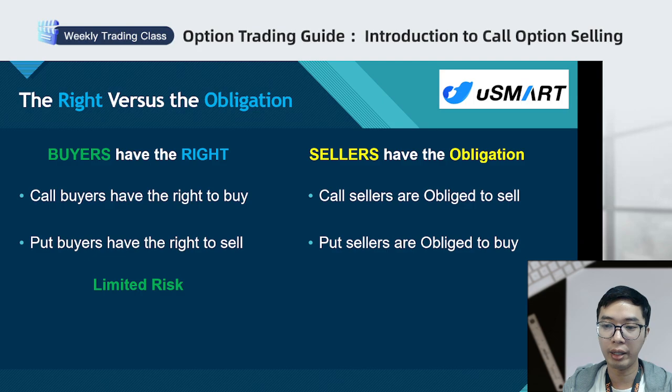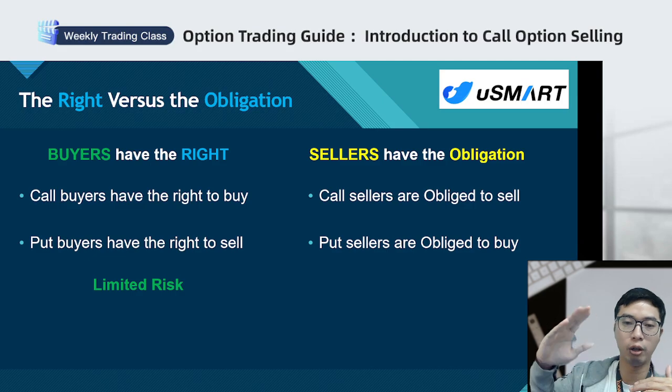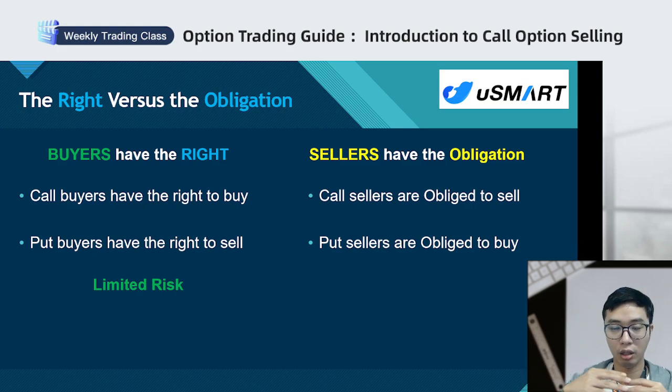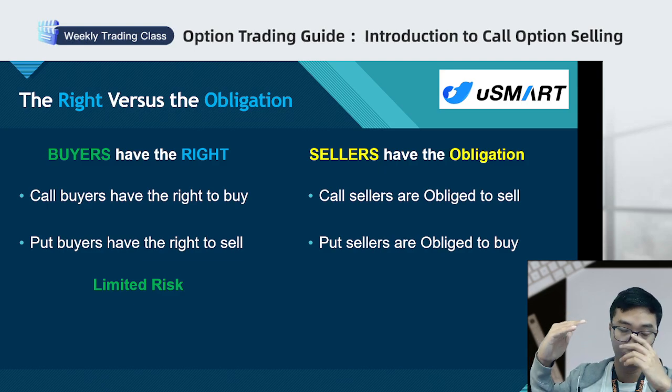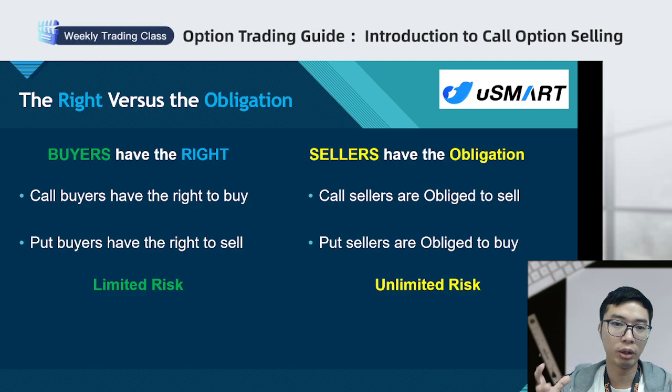Call buyers are looking for the price to go up, and you earn from the uptrend of the market. While for call sellers, you don't want the market to go up. You want it to go sideways or down, because call sellers want to earn the premium.